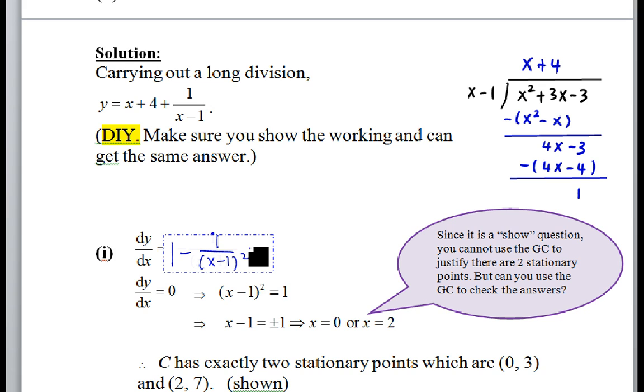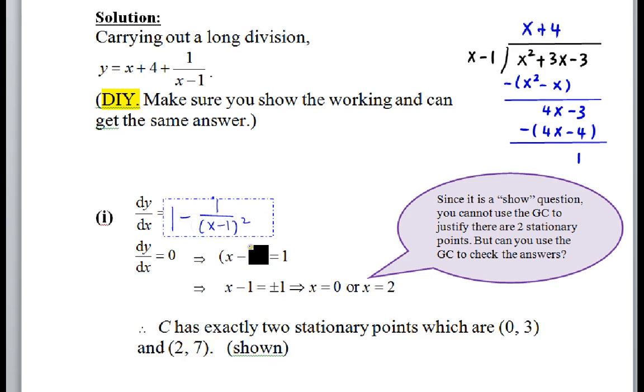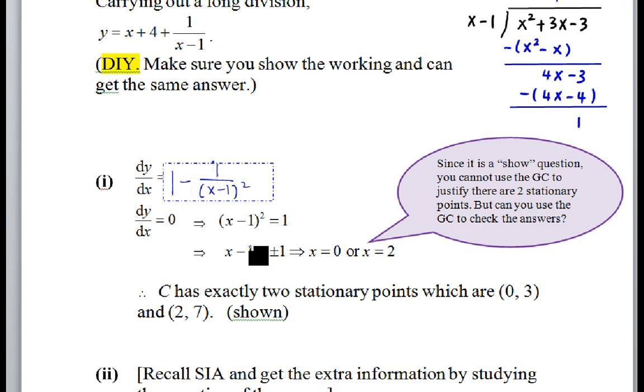This is x minus 1 to the power of negative 1. If you consider it like that, this can be easily found. How do we find that there are two stationary points? You let dy/dx be 0. Then you solve. Make sure you get plus minus 1 here, and then x equals 2, x equals 0.